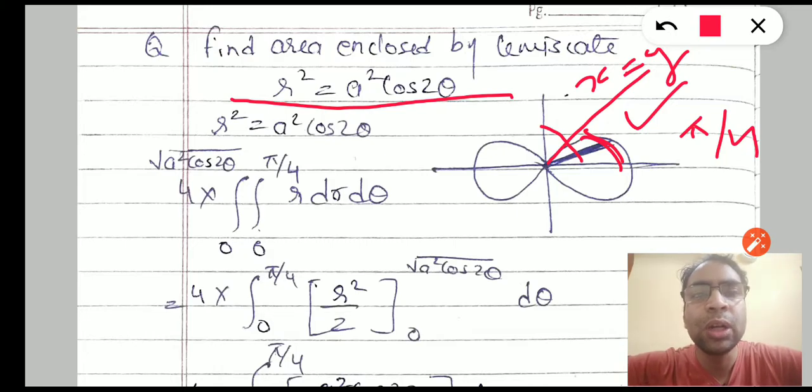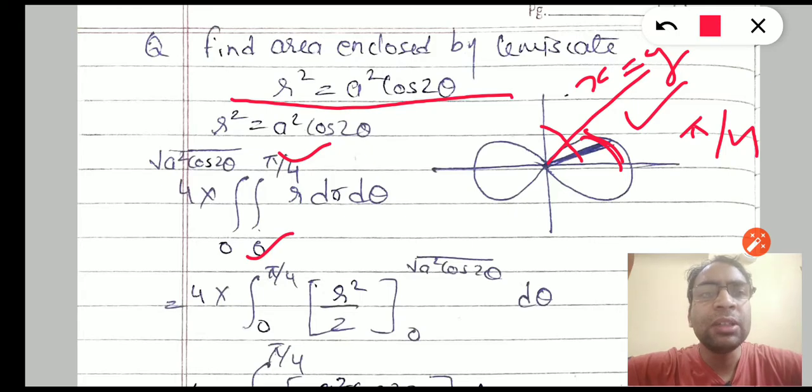So the lower limit of theta is 0 and the upper limit is pi by 4. Now we can find the values of r from the given equation of the lemniscate. The bottom point of r is on the origin, so the lower limit of r will be 0. Remember, we are considering only the first quadrant.